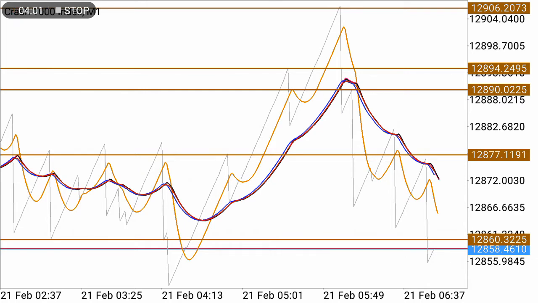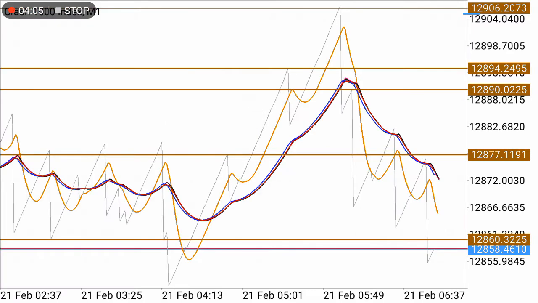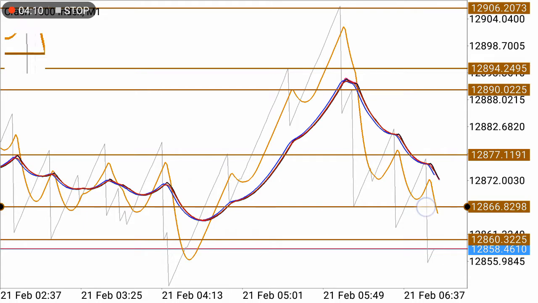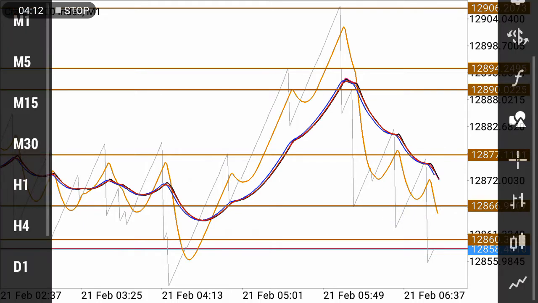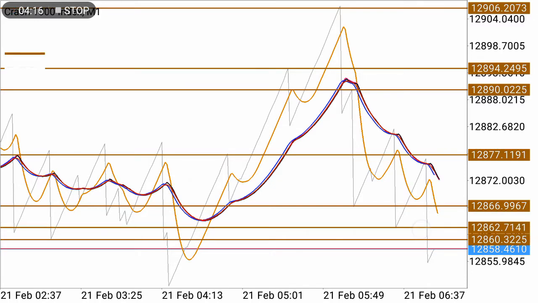Now it's time to see which are not verified resistance or support. Simply click on this point and add one more. Look, all points we have to highlight using this.